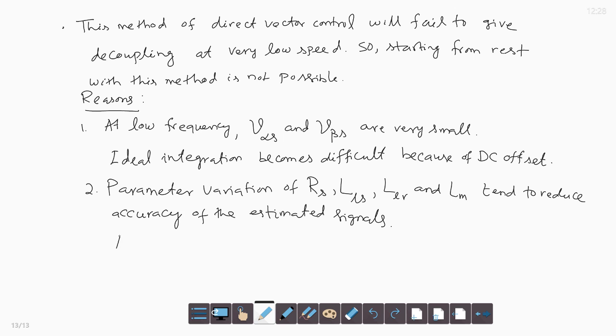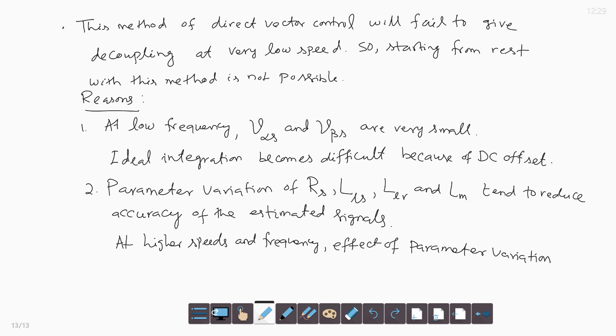At higher speed, and higher speeds means higher frequency, the effect of parameter variation can be neglected.